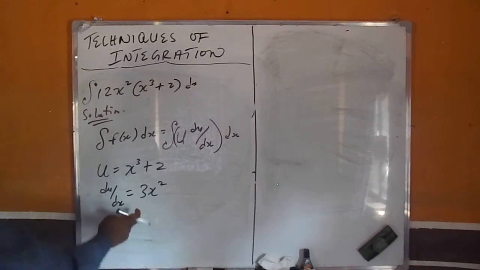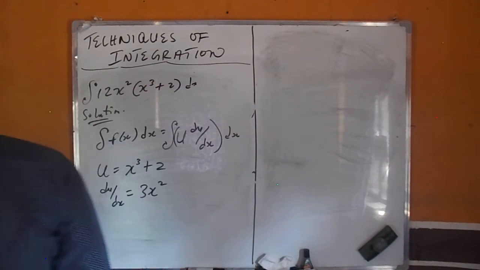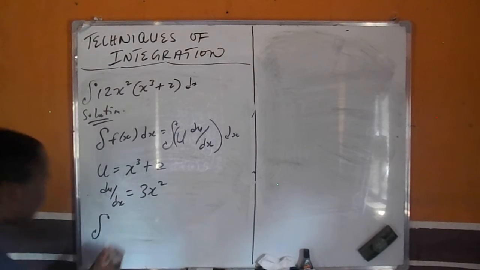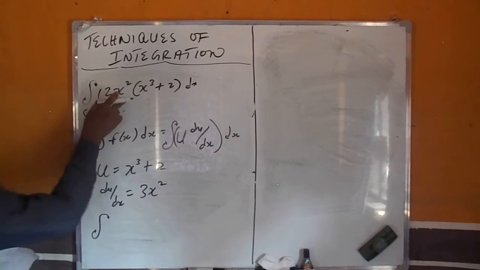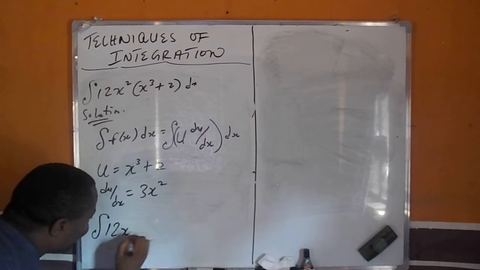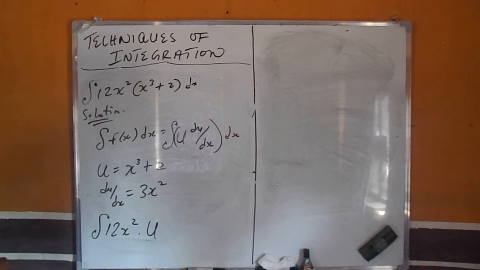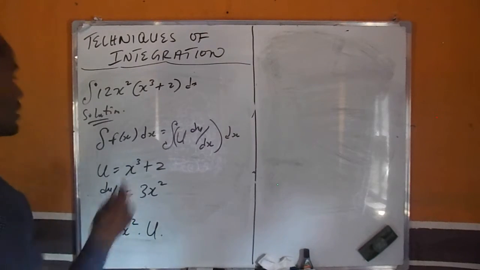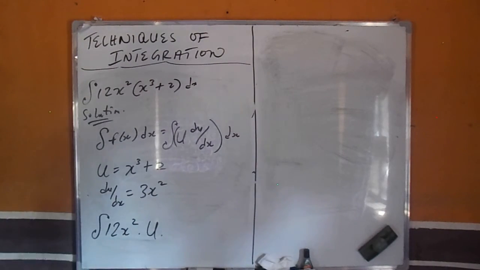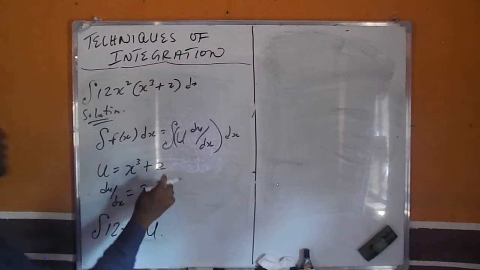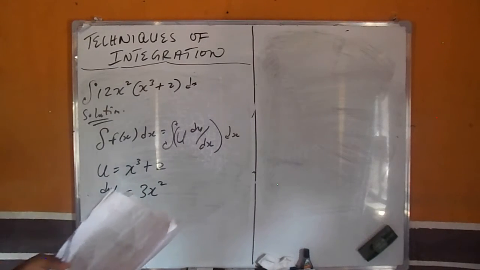Now that we have 3x squared as our du/dx, we can move further by saying integral, 12x raised to power 2 dot u, that is our u, dot du. What is our du/dx? That is 3x squared.